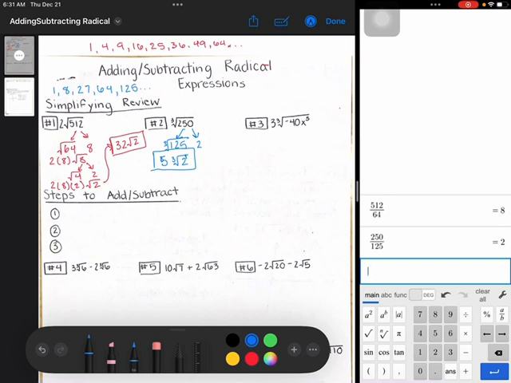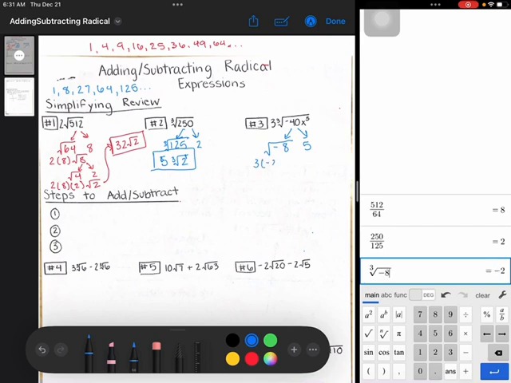Okay, now looking at the last one, we're doing the cube root, and this time we're breaking up negative 40. So negative 8 times 5 gives us negative 40. So cube root of negative 8, if you forget, you can just go over here to your calculator and cube, and then negative 8 as the radicand gives us negative 2.